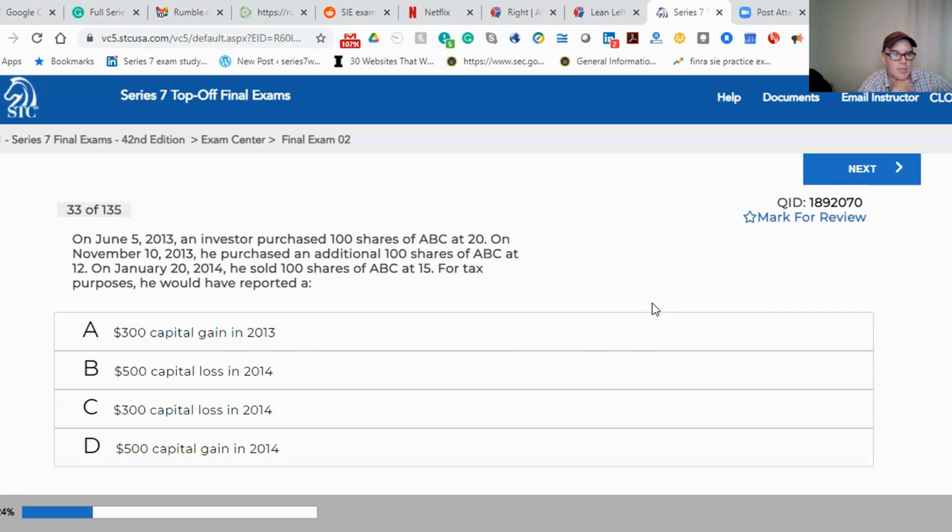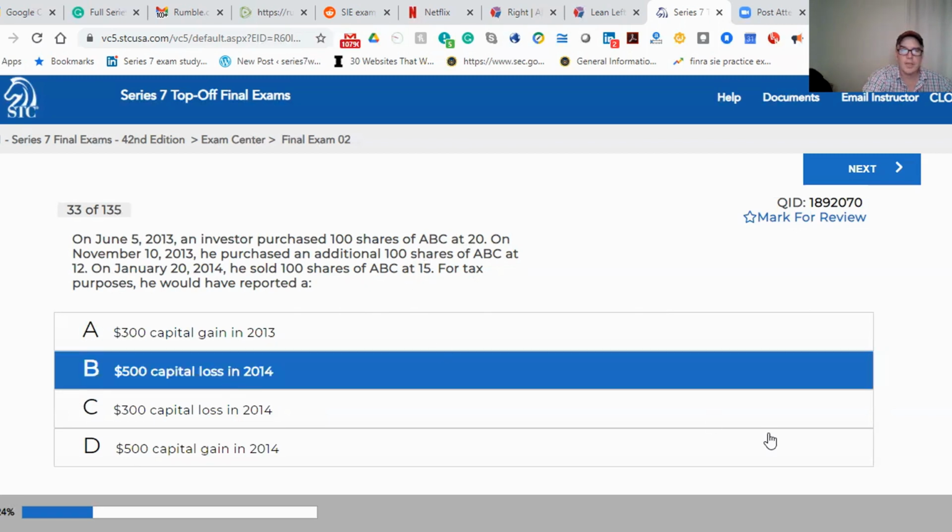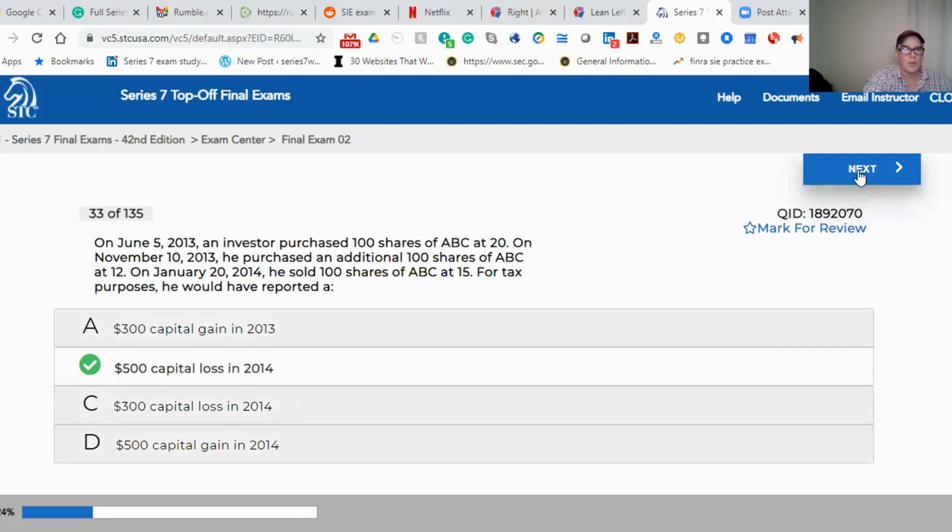So he's going to have a capital loss of $500 in 2014. Technically, since they didn't mention a method, I have to go with that. He bought stock at 20 and sold it at 15, because those are the first shares. That's a $500 loss. I think that's the answer. Let's find out if I screwed that up. There we go. Good.